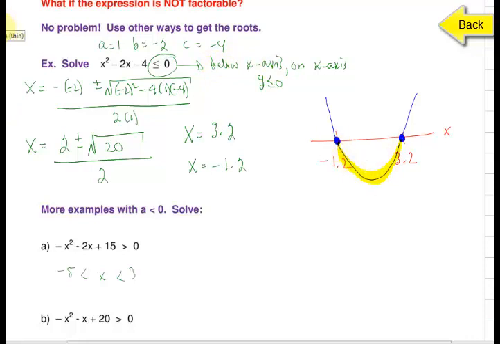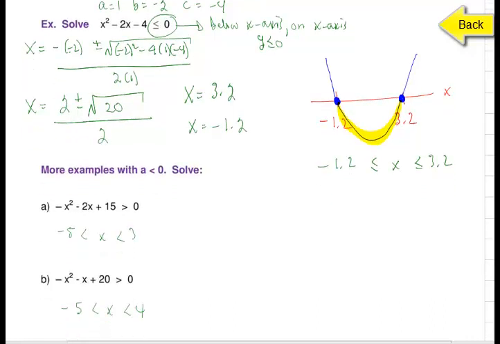And so you can see that we want the values between -1.2 and 3.2. Okay, and don't forget, because our original inequality is less than or equal to, we include equal to in our solution.